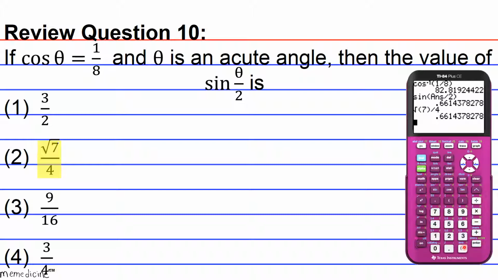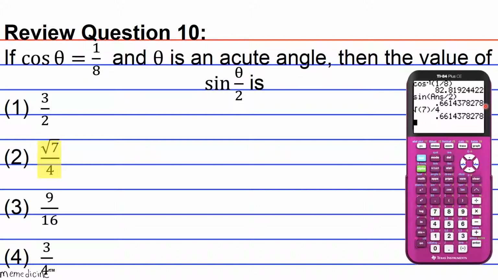And then you're going to divide it by 2, so you press divide by 2, and you close the parentheses, and then press enter. Okay, so the sine of 1/2 theta, which is approximately, I don't know, like 41 point something, is going to be 0.66, blah, blah, blah.